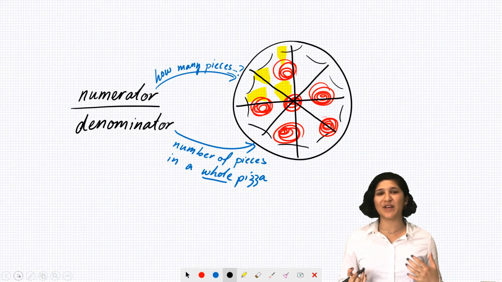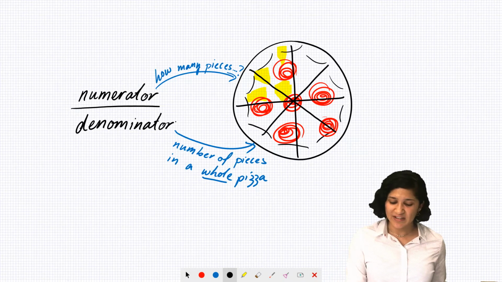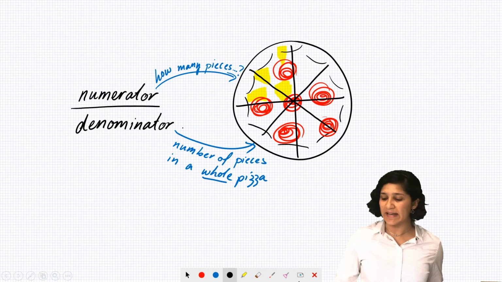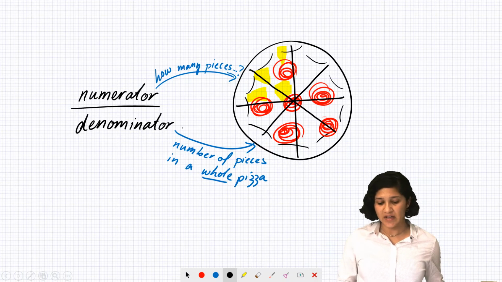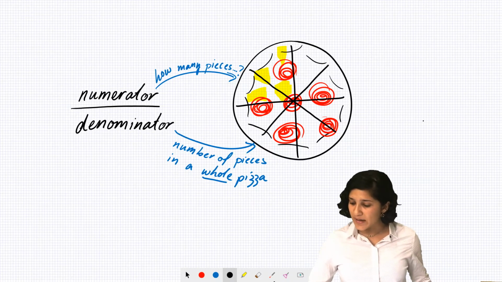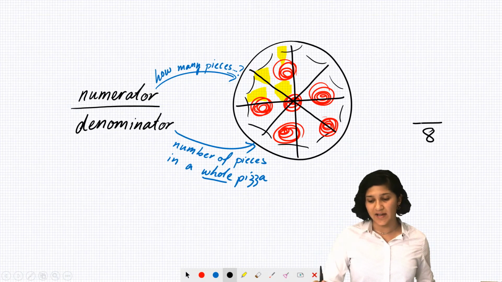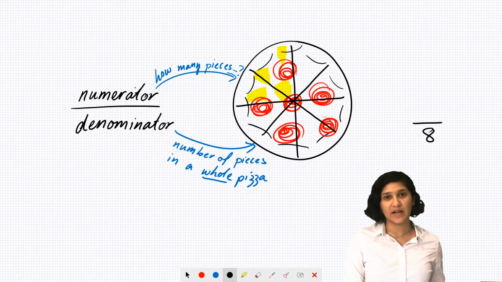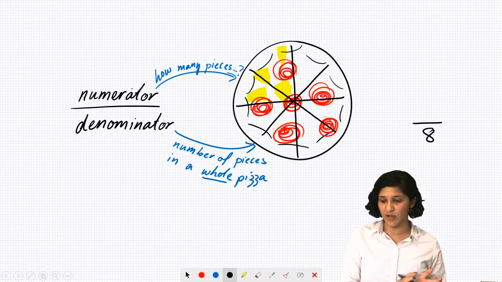So I always think of fractions as pizza, because I like pizza. The number on the bottom, which is called the denominator, is the number of pieces in each pizza. In this case, my denominator would be 8, because a single pizza is cut into 8 slices. And then the numerator is counting up the individual pieces that I'm talking about.